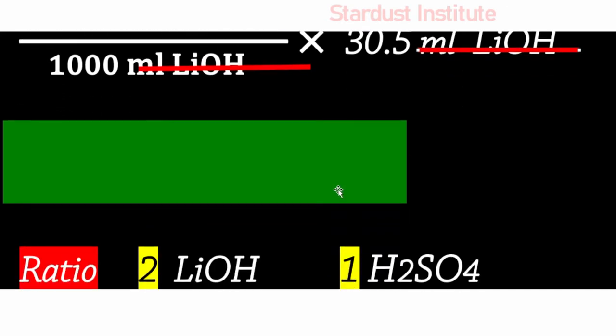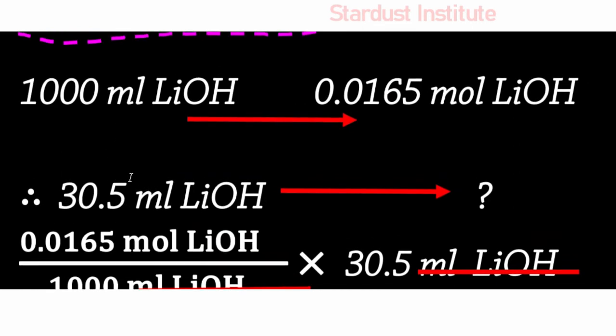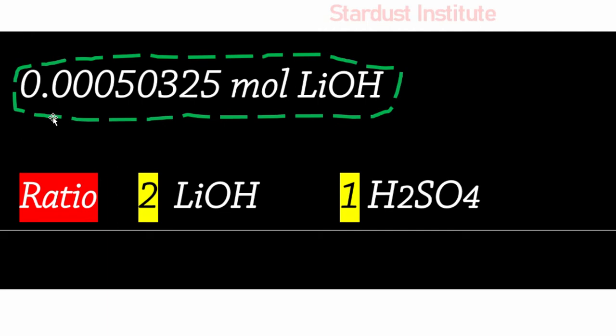Then we get 0.00050325 moles of lithium hydroxide in 30.5 milliliters of this lithium hydroxide solution.